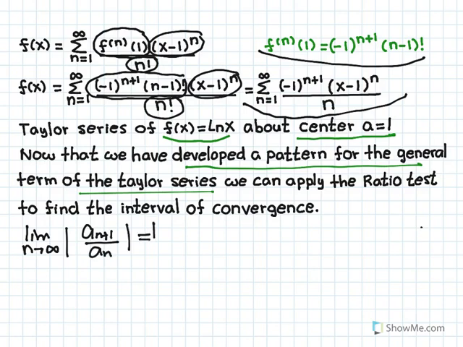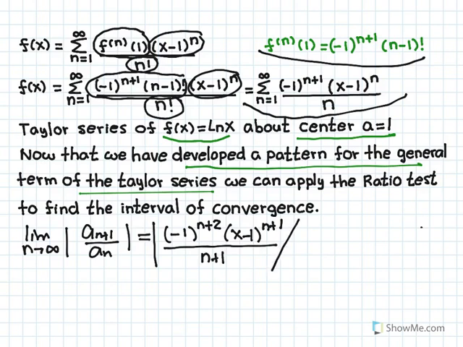This is equal to absolute value of negative 1 to the power of n plus 1 plus 1, we get n plus 2, times x minus 1 to the power of n plus 1, divided by n plus 1, all divided by a sub n, which is negative 1 to the power of n plus 1, times x minus 1 to the power of n, divided by n, and close the absolute value.